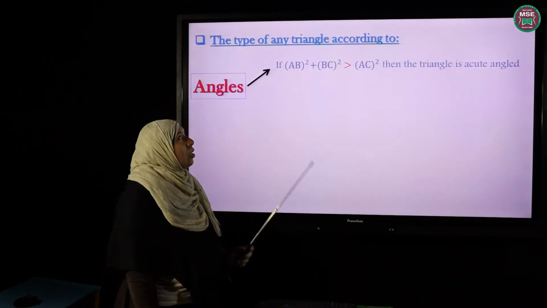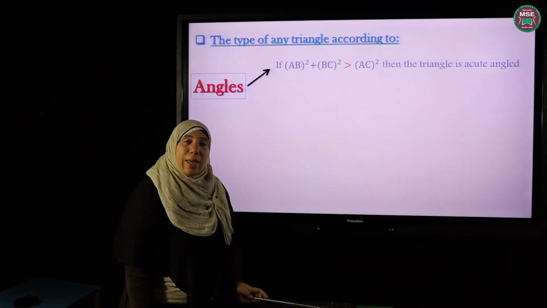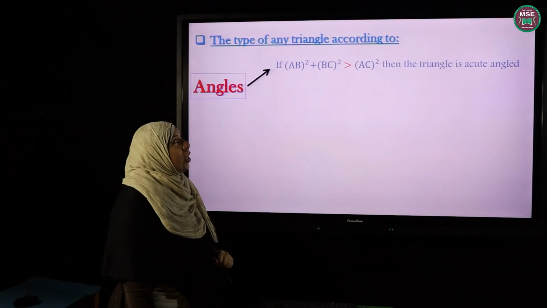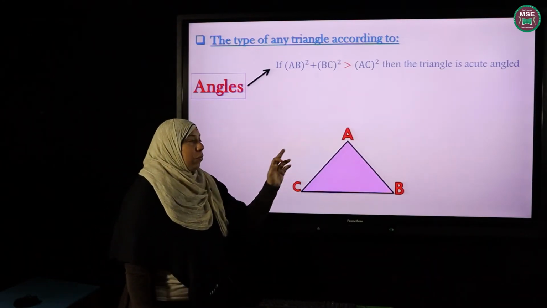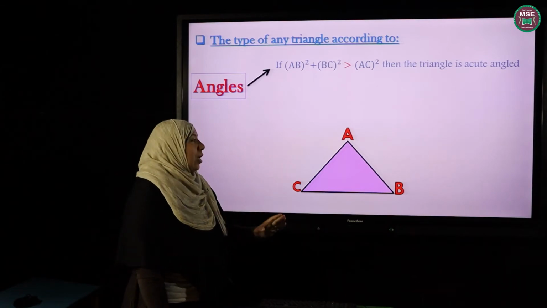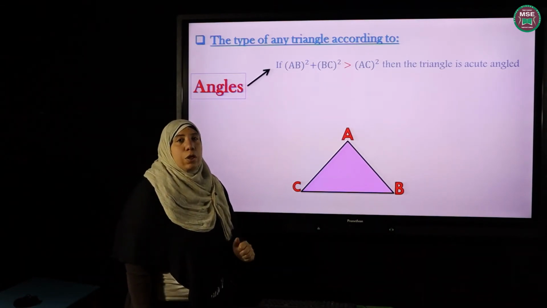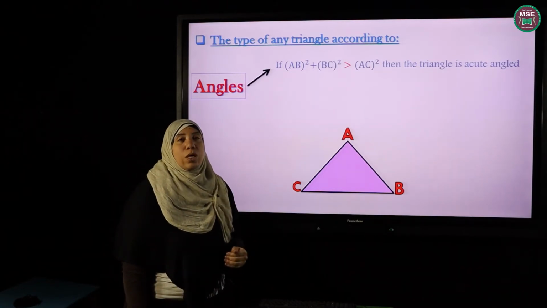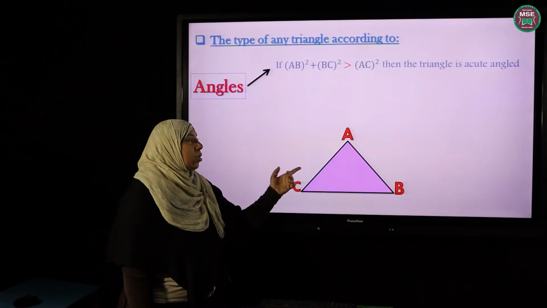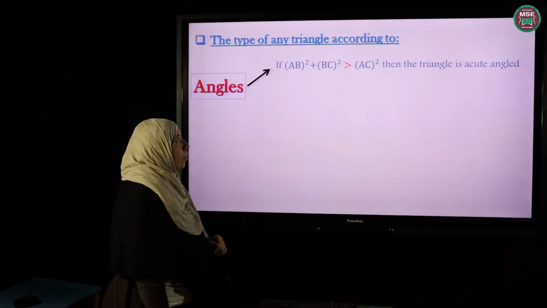If I found that the sum of the squares of the smaller 2 sides is greater than the square of the greater side, this triangle is acute. So I will bring AB, AC and BC as we did in the last example, but we will square them and take the smaller 2 sides together. If the sum here is greater than the third, this triangle is acute.